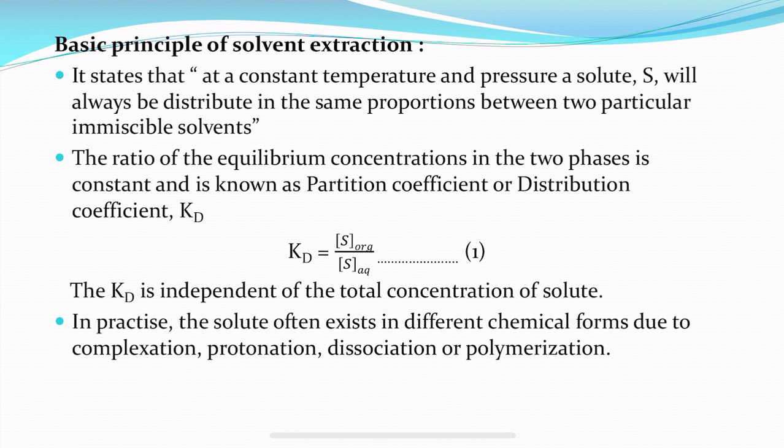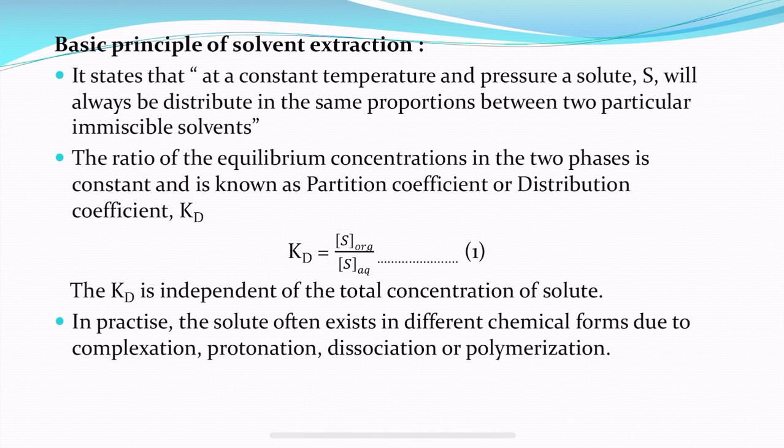So, in my last class I was explaining solvent extraction. There we understood what is meant by solvent extraction. In solvent extraction, two immiscible liquids are shaken together. Immiscible means, if you take chloroform and water in a test tube, then you can see what is meant by immiscible liquids.